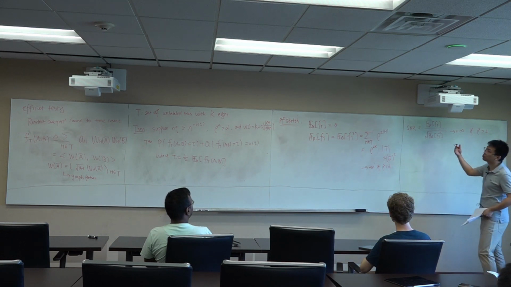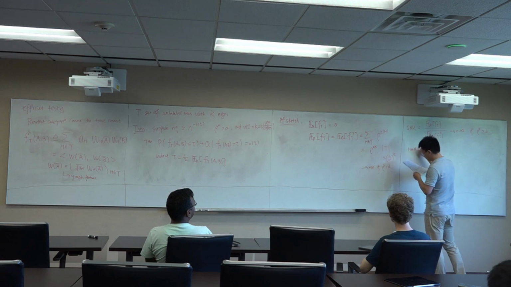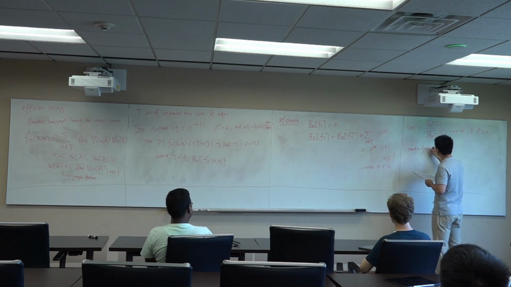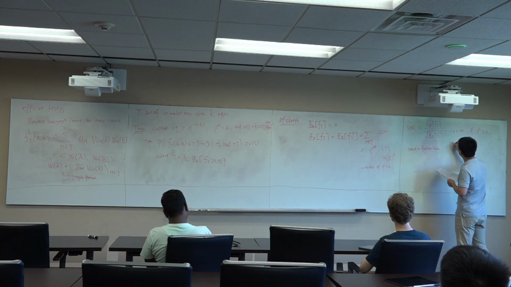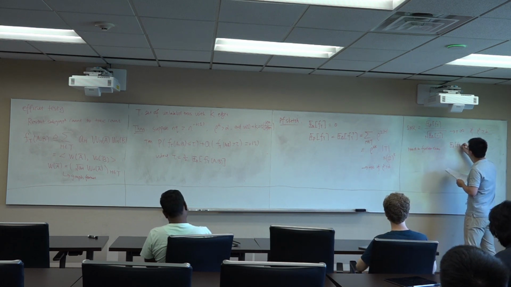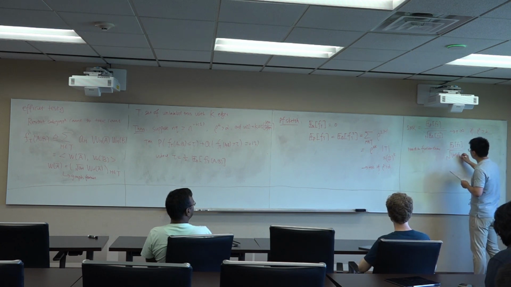Okay, but now to show this succeeds in testing, you still need to further show this ratio, but now divided by the variance under P, right?